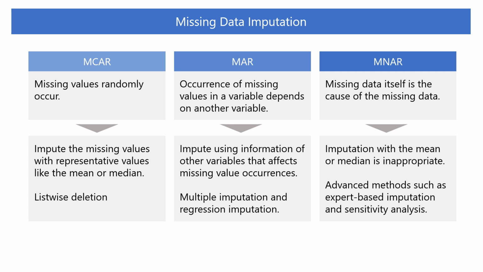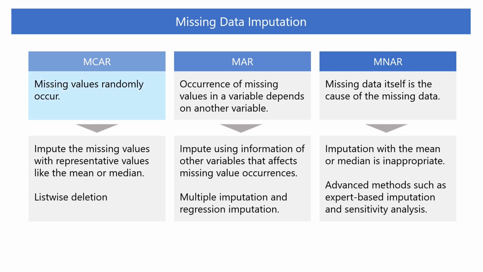MCAR, MAR, and MNAR are different mechanisms through which missing data occurs. This difference requires different approaches for missing value imputation for each mechanism. In subsequent sections, we will explain missing value imputation in detail, but here I will give a brief outline.